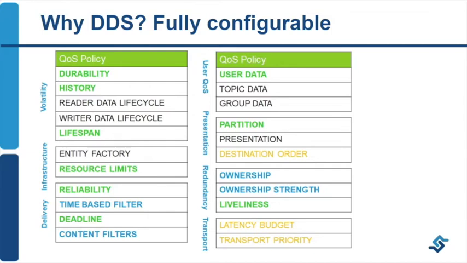You can set up the reliability of the protocol. You can say if your protocol is going to be just best effort or reliable, and if it's going to be reliable, how the reliability protocol is going to work. How are you going to send the heartbeats, the ACKs, the NACKs? You can set up different partitions for your system, or you can easily set up, with ownership and ownership strength, the redundancy of your publishers.